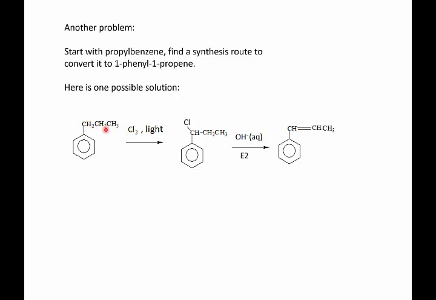So the chlorine will attach selectively where we want it, on that benzylic carbon. And then we treat this benzylic chloride with a strong base. E2 elimination conditions will eliminate HCl, and we'll get our desired alkene product.